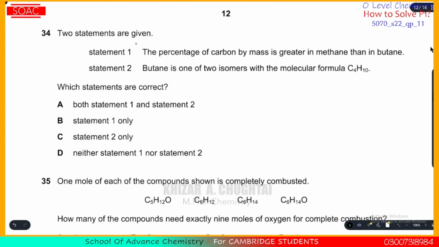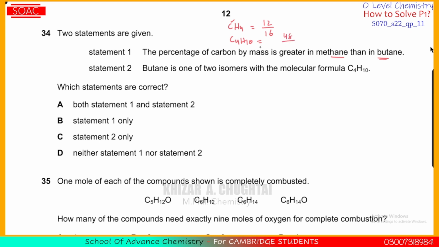Question number 34, two statements are given. Statement 1, the percentage of carbon by mass is greater in methane than butane. How do we find the percentage of carbon by mass? Methane is CH4. The mass of carbon is 12, and the total mass is 16. Butane is C4H10, the mass of carbon is 48, divided by its Mr, which is 58.